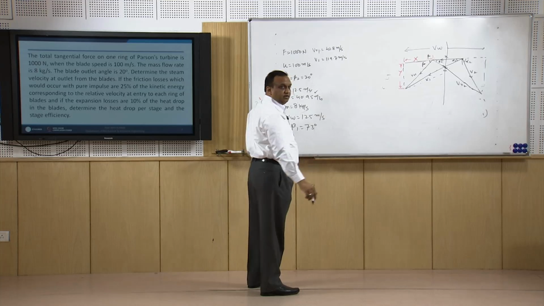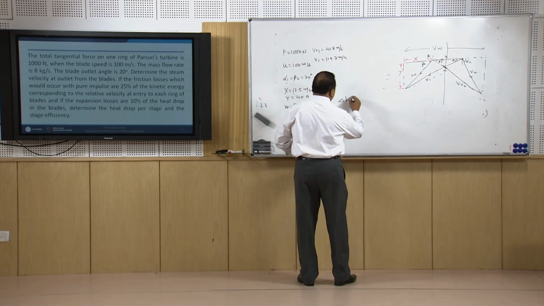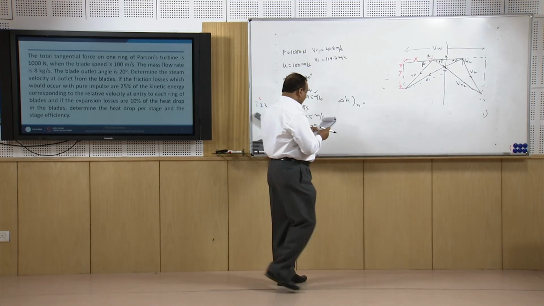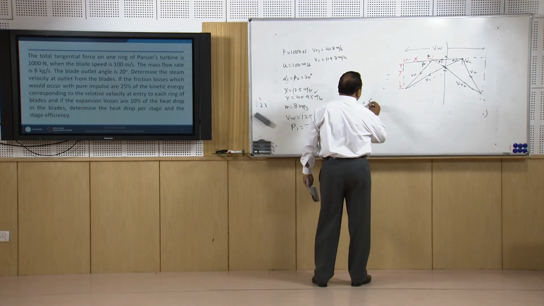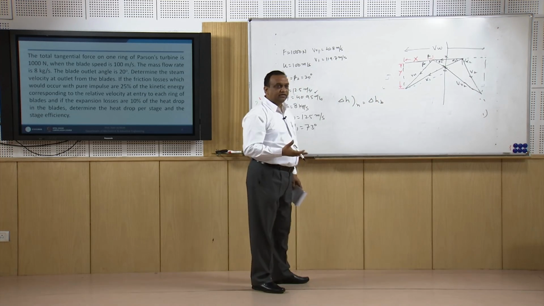Now, the isentropic enthalpy drop in the nozzles is equal to the enthalpy drop in the blades, because it is a Parson's reaction turbine.